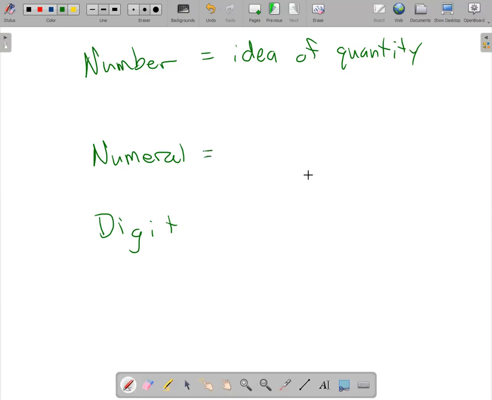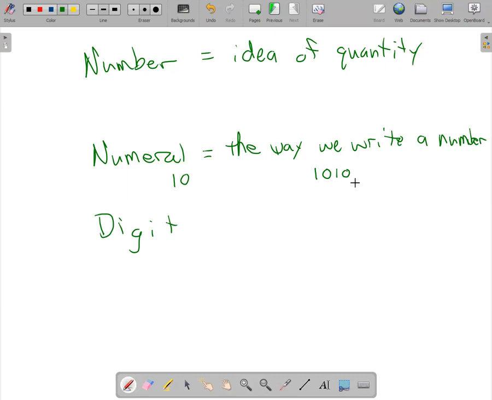Numeral is the way we write a number. So for example, I'm used to writing 10 by putting a 1 next to a 0, and everybody I know recognizes that as 10. But some of my computer geeky friends would say, oh, you could write 10 as an 8 and a 2 and no 1s.